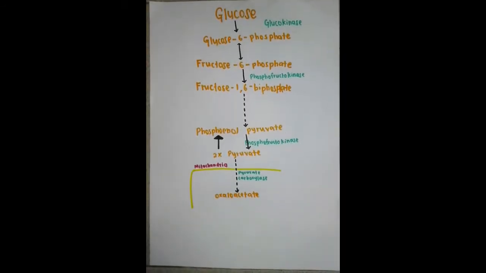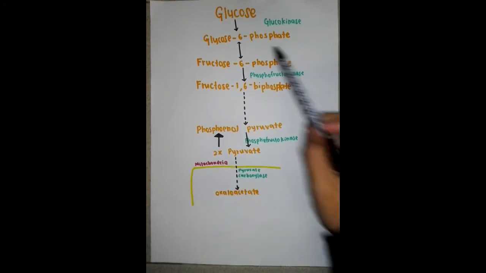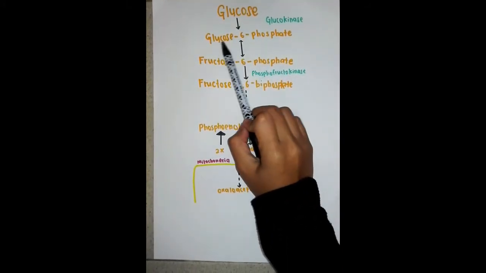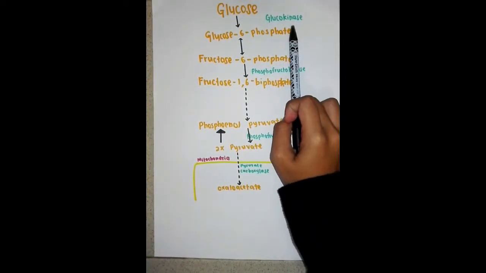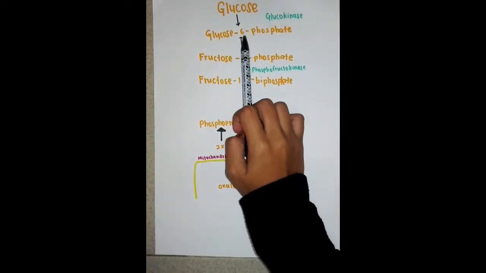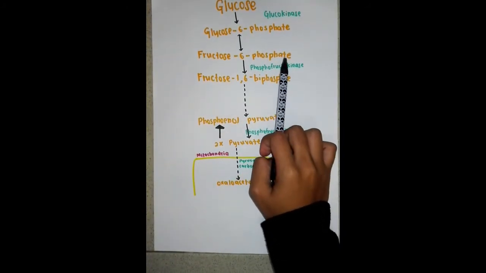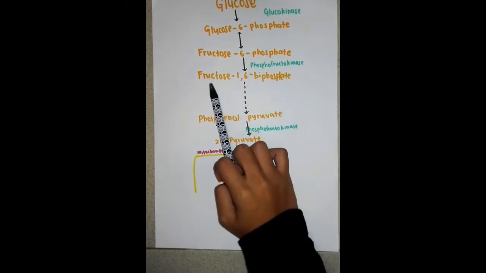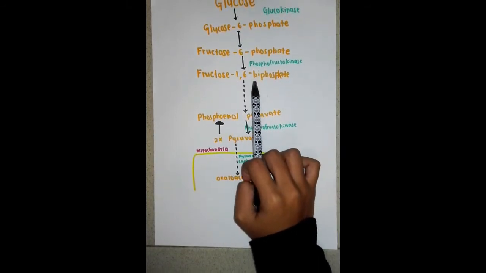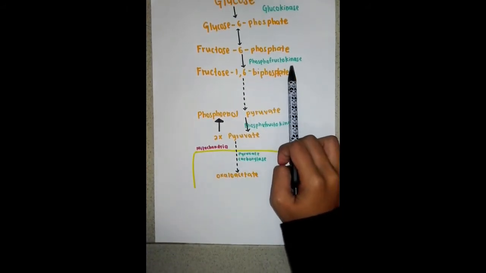We will talk about glycolysis. First, glucose is converted into glucose 6-phosphate by the enzyme glucokinase. Then, the glucose 6-phosphate isomerizes into fructose 6-phosphate. The fructose 6-phosphate is converted into fructose 1,6-biphosphate by the enzyme phosphofructokinase.